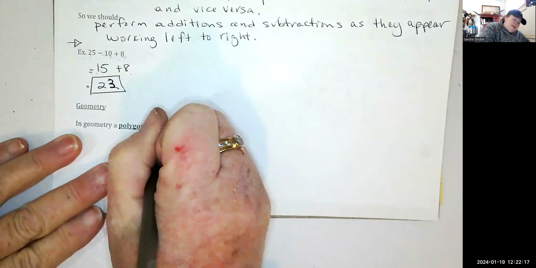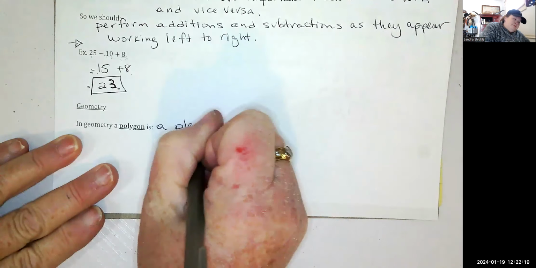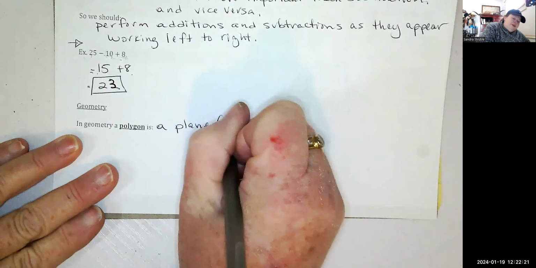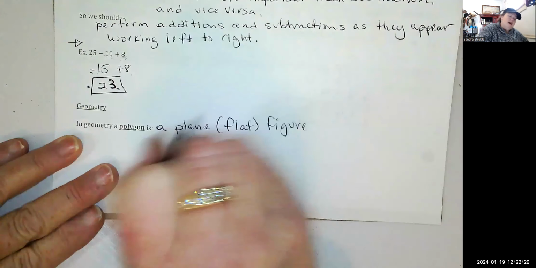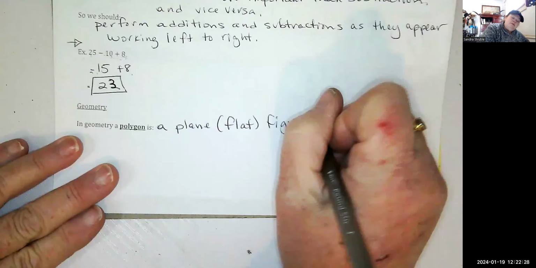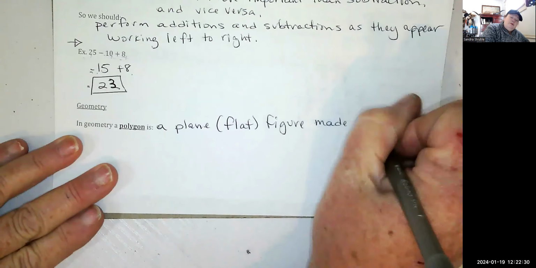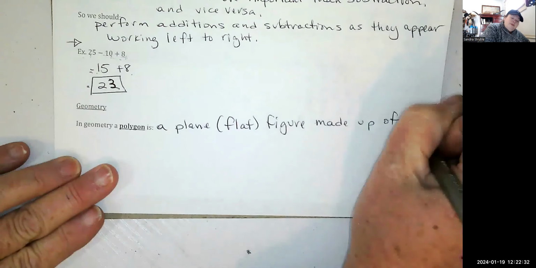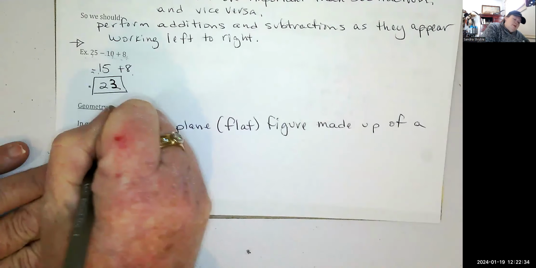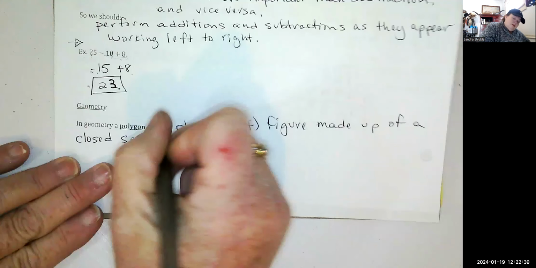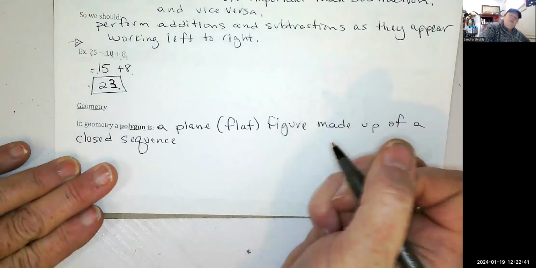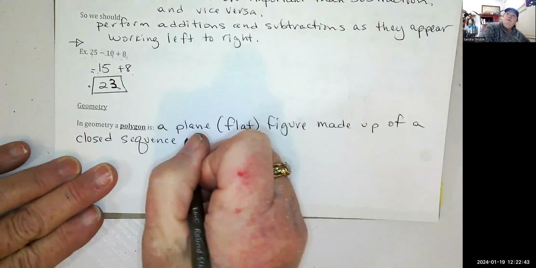So how can I say this? It's a plane, flat figure made up of a closed sequence, and sequence means in order, of segments, of line segments.